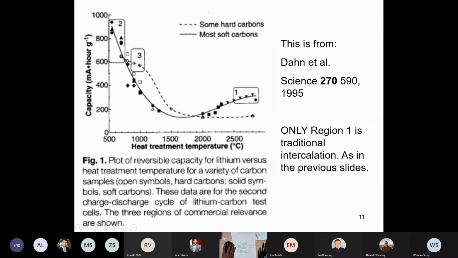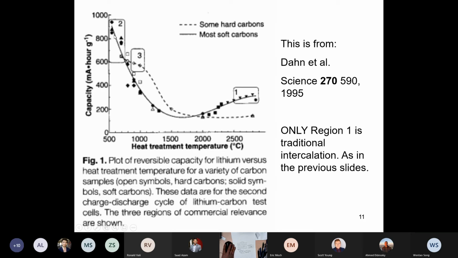And then in region 3 here, this is where if you take what's called a hard carbon precursor, which is things like wood, say oak or maple, or sugar works well, and you heat to this temperature range around 1,000 degrees C, you get 600 milliamp hours per gram.